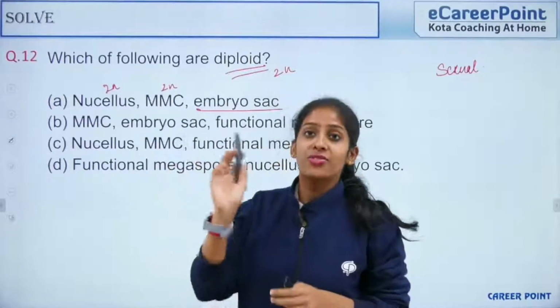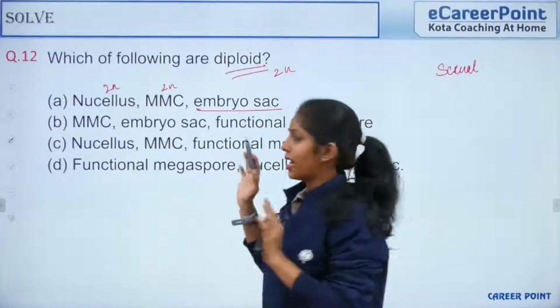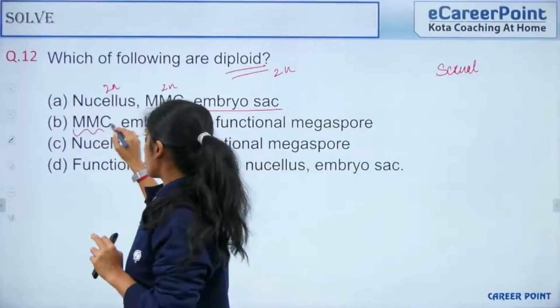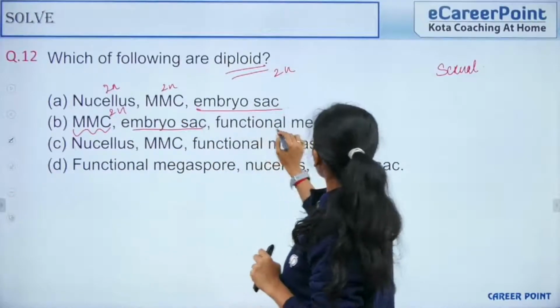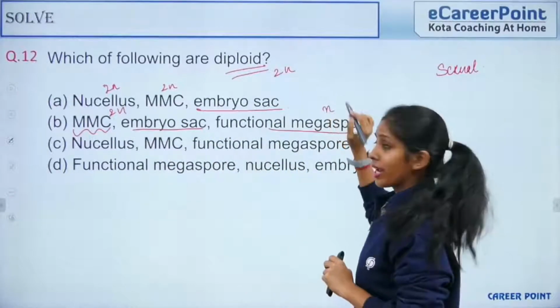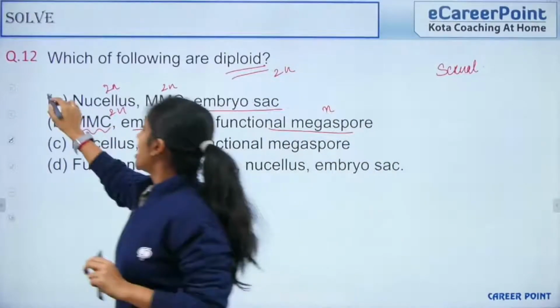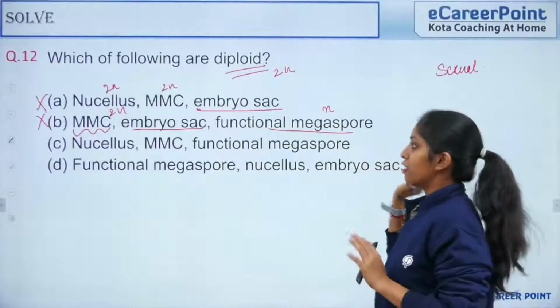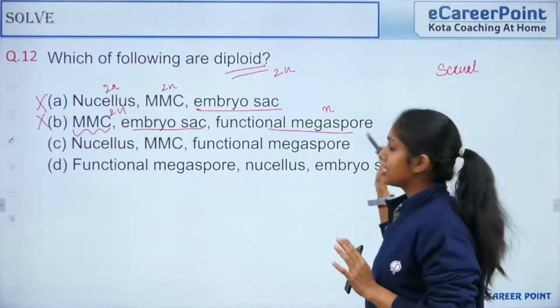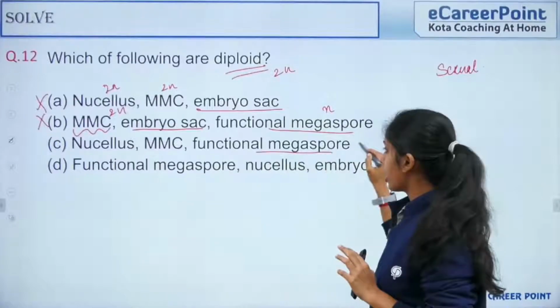You have a lot of cells inside the embryo sac, so you might have confusion. Embryo sac, again we have a doubt. Functional megaspore is haploid, right? So we have eliminated two options. Nucellus, megaspore mother cell, functional megaspore. Again, this is not, because this is haploid.